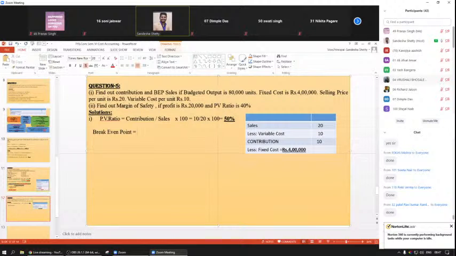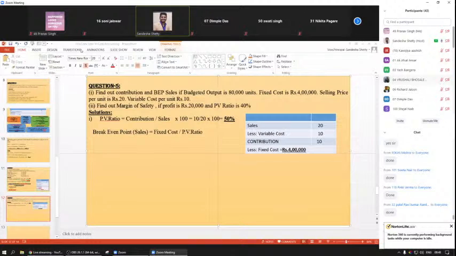So break even point in sales. Students, is it correct? Break even point sales formula: fixed cost divided by PV ratio.